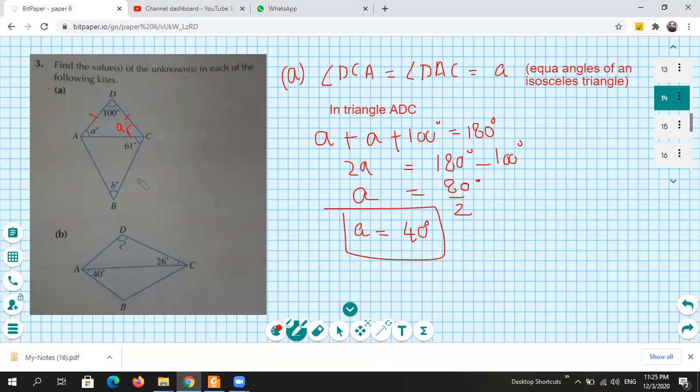Similarly, these two lengths are equal, CB and AB. So we will apply the same procedure. So right here, this angle should be equal to 61 degrees.